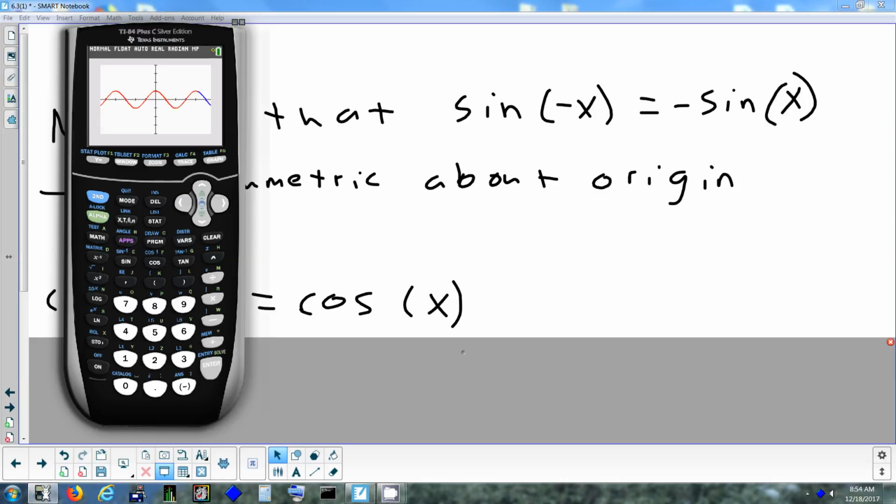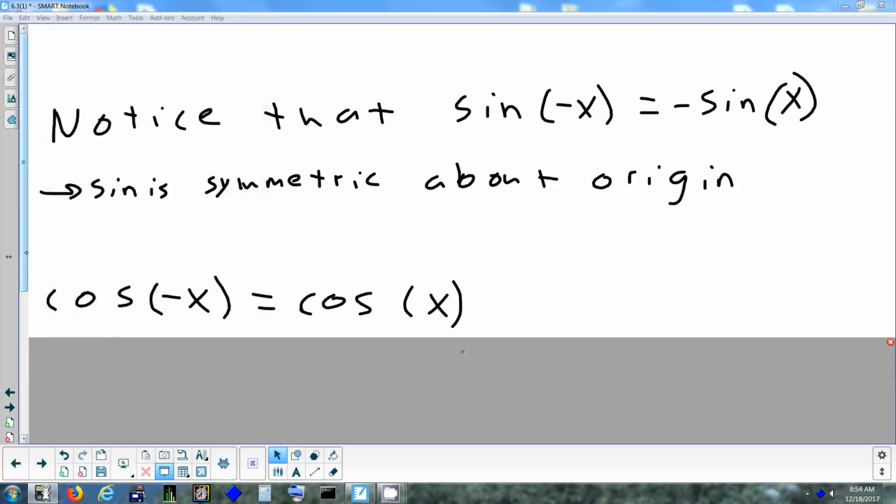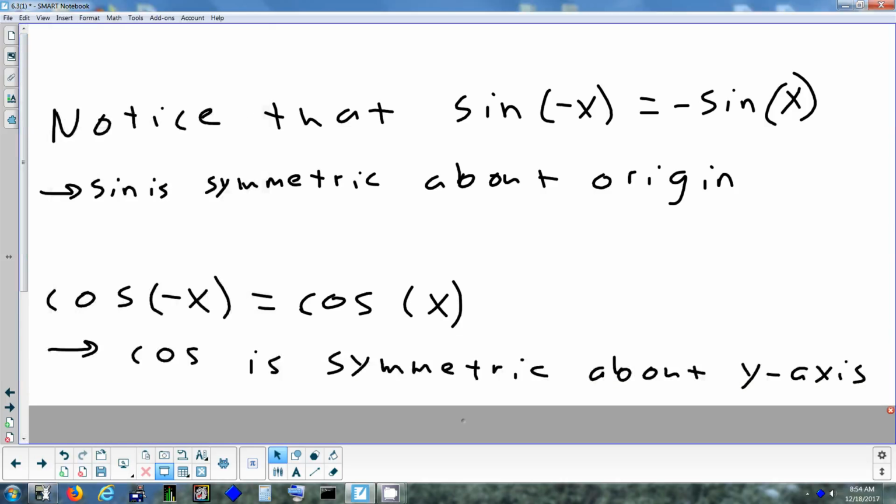And kind of a similar thing again. Can't tell the difference. So in this case, cosine is symmetric over the y-axis. If you reflect cosine over the y-axis, you can't tell the difference between that and the original.